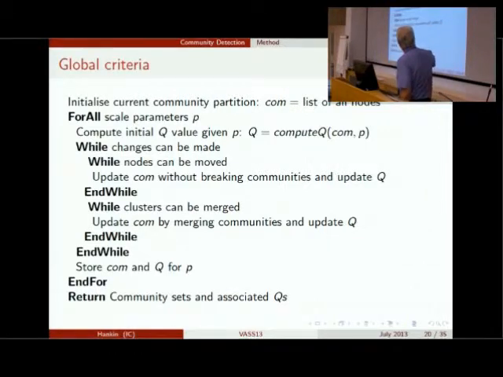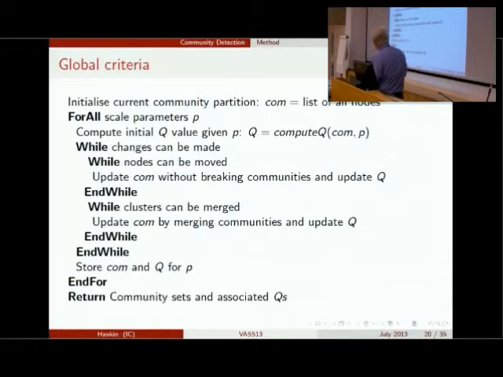So with the global criteria, we always start off assuming that every node is in an individual community. And then we've got these scale parameters, which were either called alpha, gamma, or R. But in this generic algorithm, I've called them P, just to keep you guessing.